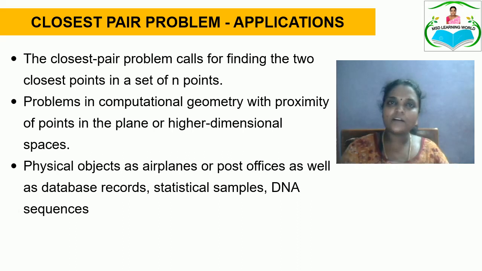For example, airplanes, finding which two airplanes are at a close distance, some database applications, finding the identical relationship between DNA sequences, and some statistical relationship samples. So there are various real-time applications that need to solve the closest pair problem.